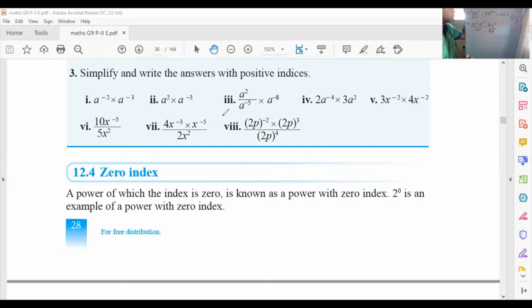Both are divisible by 2. 4 divided by 2, 2. 2 divided by 2, 1. Then it is 2x to the power negative 8 minus 2. 2 should be subtracted. That means 2x to the power negative 10, but it is having a negative index. So we should give the answer with positive indices. So 2 upon x to the power 10 should be taken to the denominator place. Convert it into a positive index.